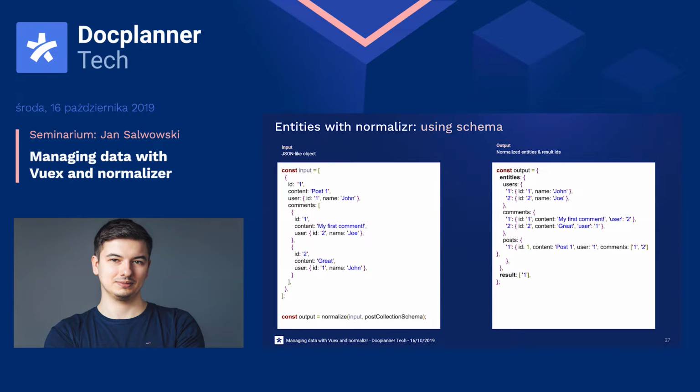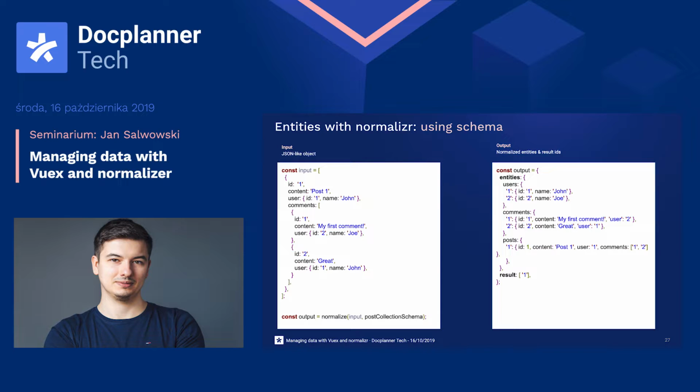For this input, when we put it to the normalize function, and we say that this is the post collection and you should normalize it based on the post collection schema, this will be the output. The output has two fields. One is entities.